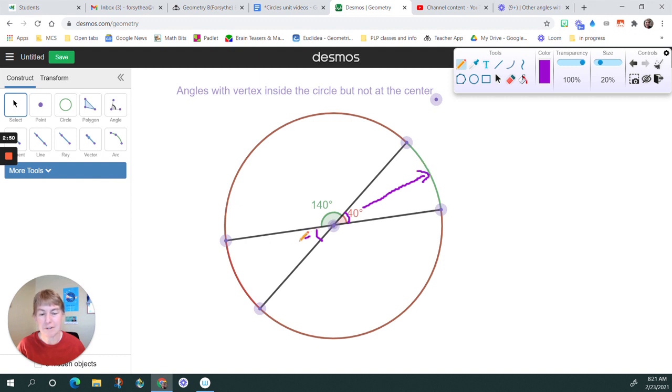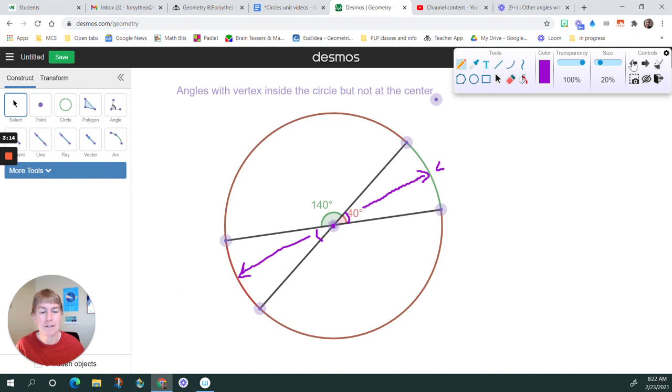Here are the two arcs that I'm averaging. With this being the center, these are central angles, and so I already know the arc measures. I know that this is 40, and I know that this is 40. I don't really have to average 40 and 40 to get 40. So it's a little silly when it's a central angle.